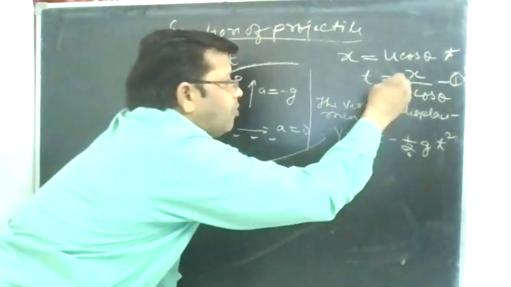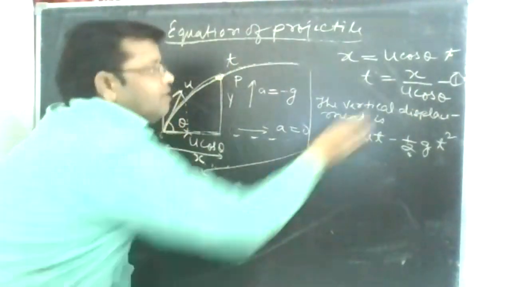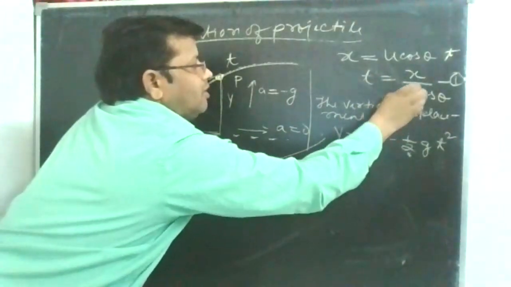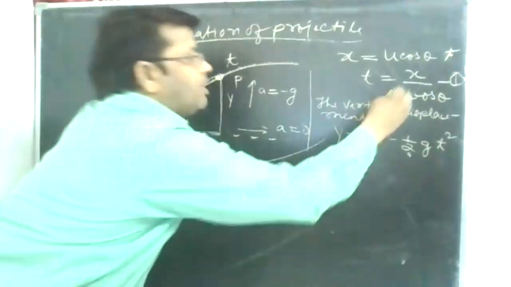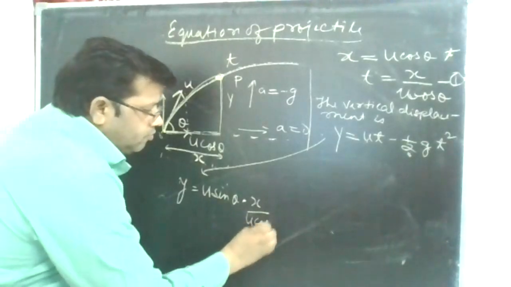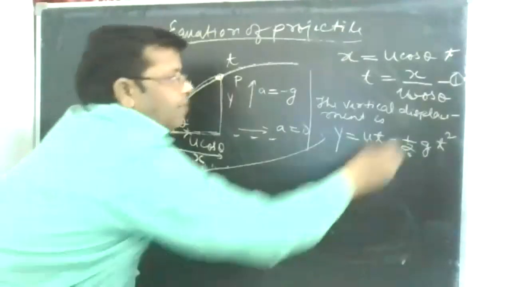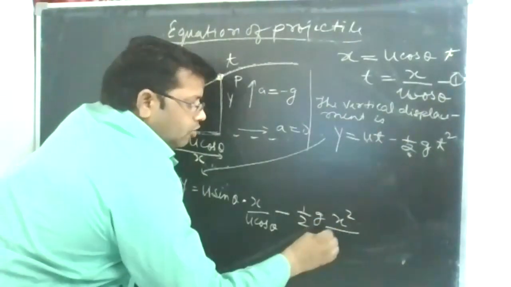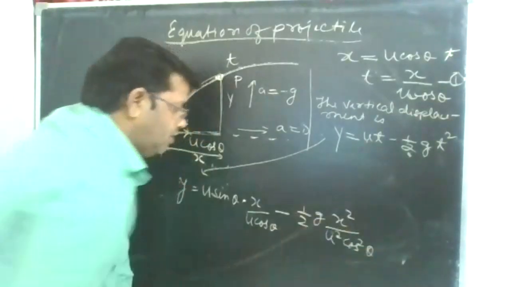And what is the value of t? X upon u cos theta. U cos theta is the initial velocity, so u sin theta into x upon u cos theta, minus half g t square, where t square is x square by u square cos square theta.